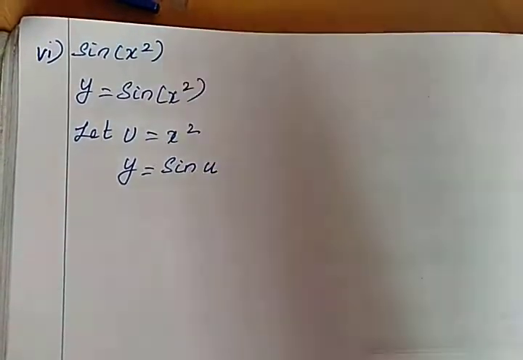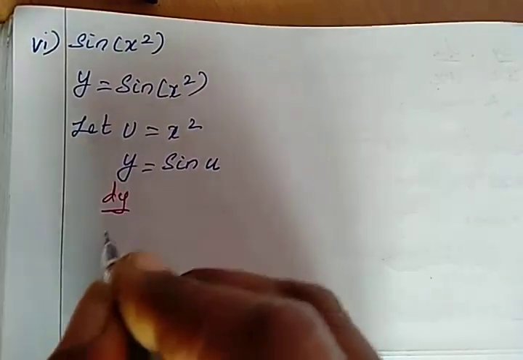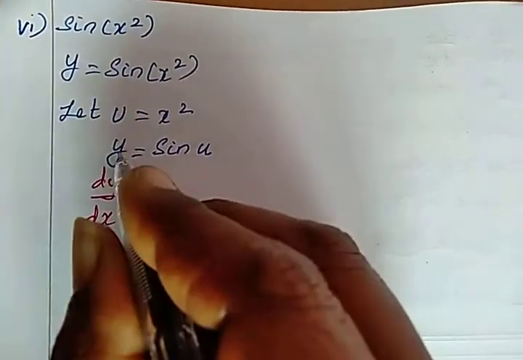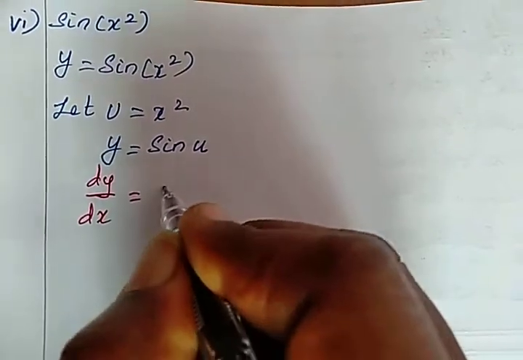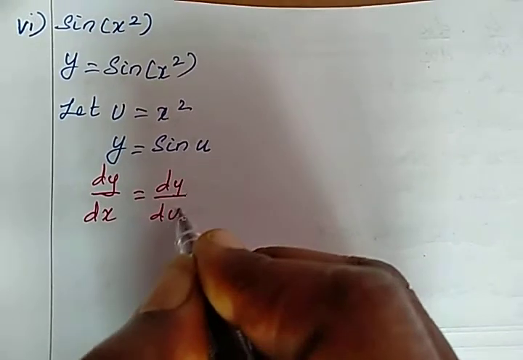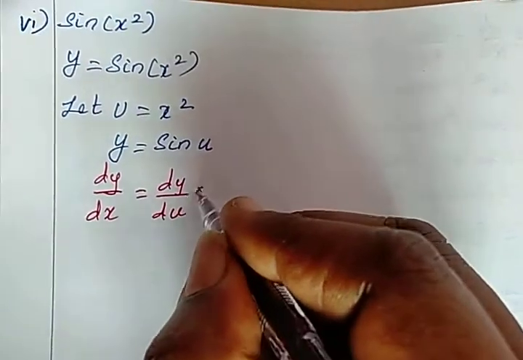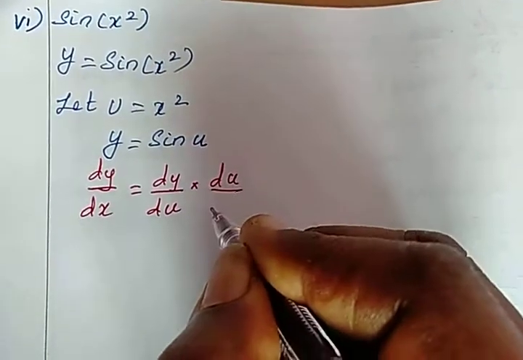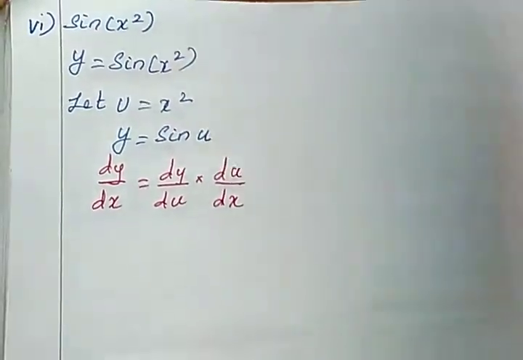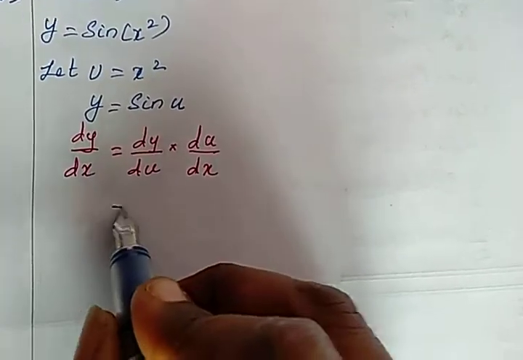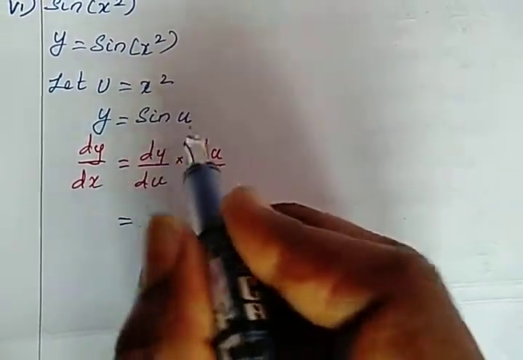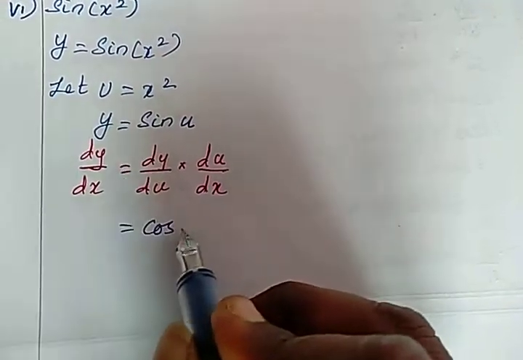Write the formula now. dy by dx is equal to, so y we are differentiating with respect to u, so dy by du. u we are differentiating with respect to x, so du by dx. Now, when you differentiate sin u, you will get cos u.